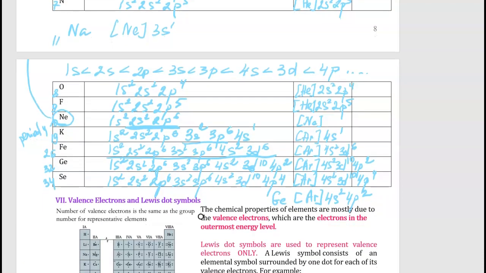For elements like potassium, which is an element of period number 4, the outer shell will be the 4th, right? So also for iron, selenium, and others. And electrons which are located on their farthest energy level are less attracted to the nucleus. That's why they are easy to manipulate.